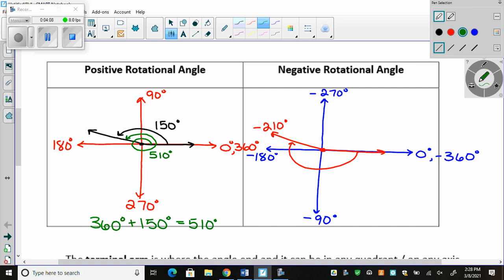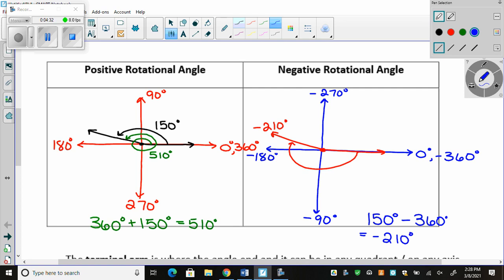Now, how could I get negative 210 easily? What I could have done is taken my 150, and instead of adding 360, I subtract 360, because 360 just makes me go around in a circle, right? So I subtract 360 and then I get negative 210.